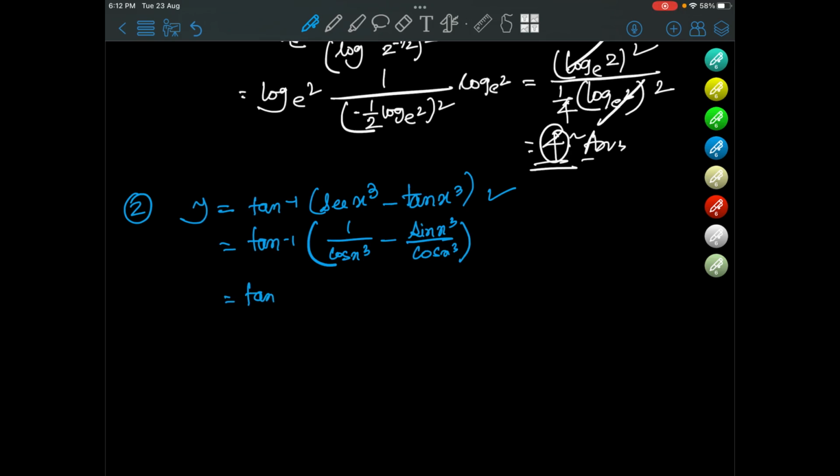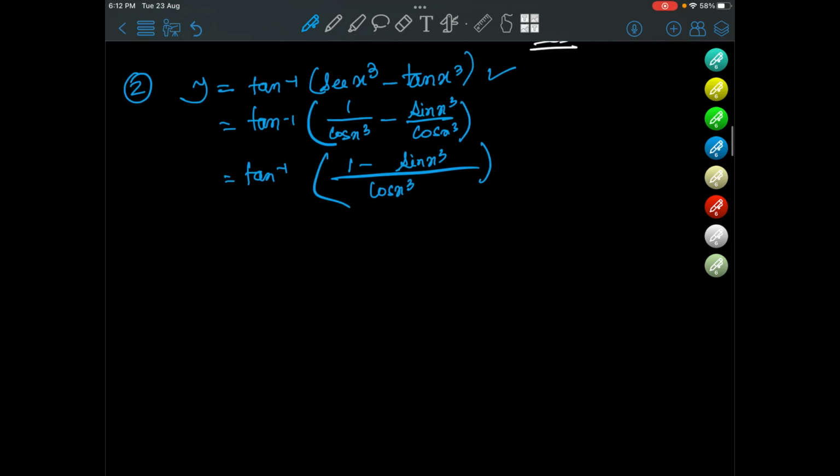So tan inverse of (1 minus sin x cube) over cos x cube. Now write 1 as sin square (x cube by 2) plus cos square (x cube by 2), minus 2 sin (x cube by 2) cos (x cube by 2).